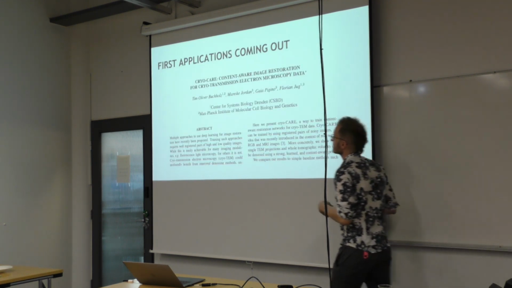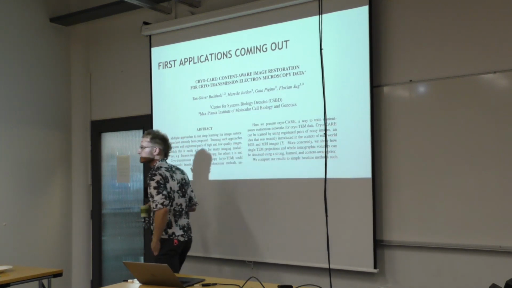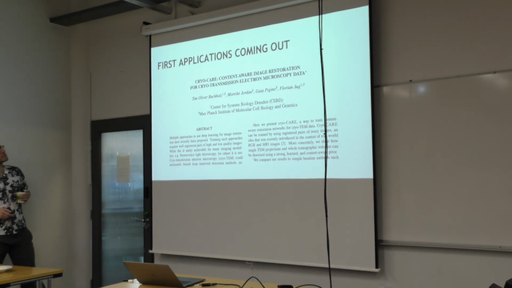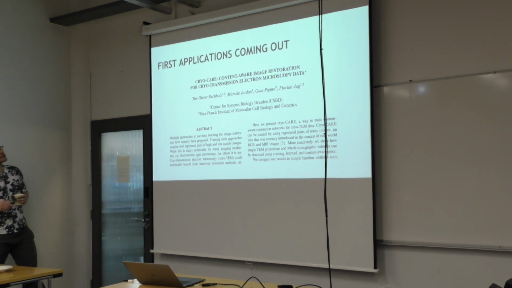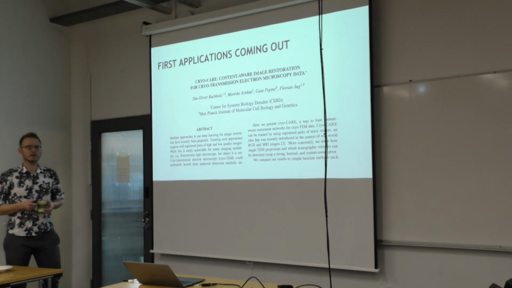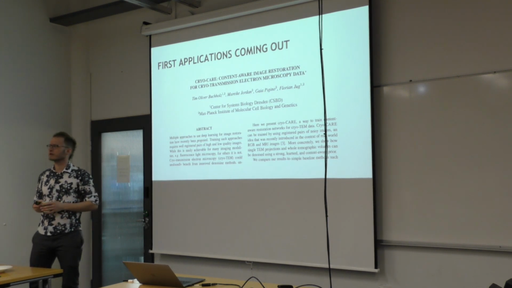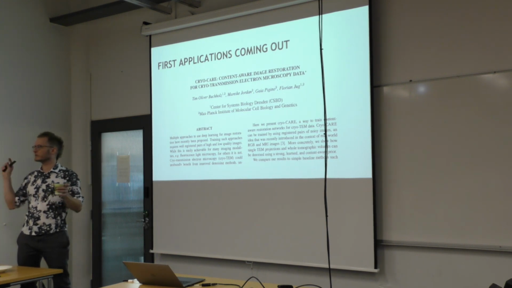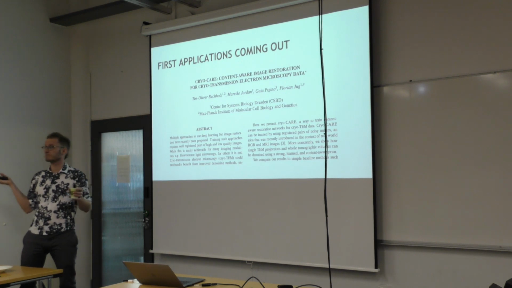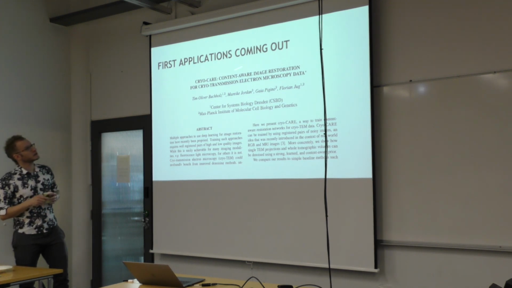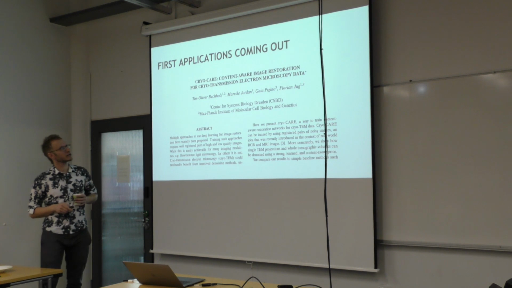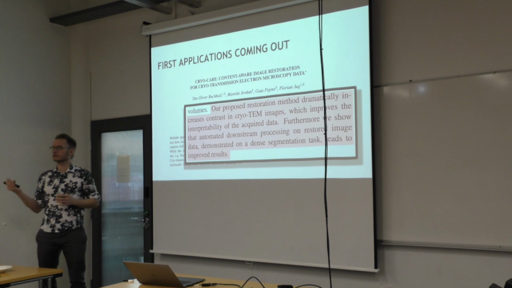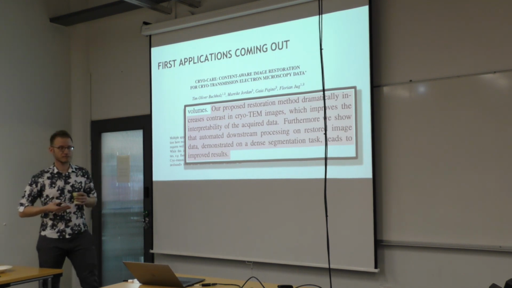Something that makes me really happy is that the first applications of this are coming out. These are some MPI folks from Dresden. And in the ICML poster session, lots of people came up saying that, well, we have this biological imaging regime where we can't shoot out a lot of photons or whatever illumination they use because we'll kill the specimen. Cryotransmission electron microscopy is an example where you take microscope images of something that's cooled close to absolute zero.